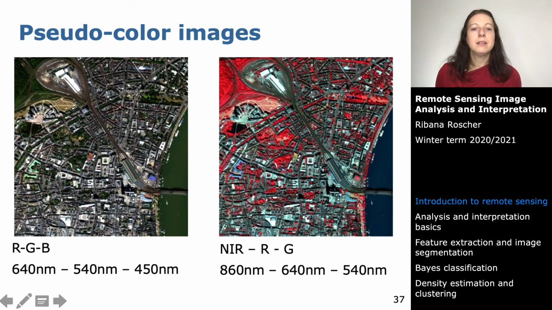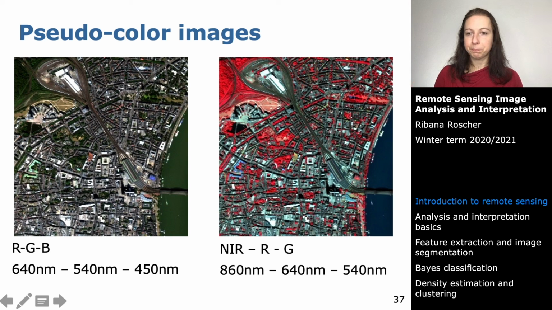Using all these multispectral and hyperspectral channels, you can create pseudo-color images. On the left is an image which we are used to. You have an RGB image, where red is 640 nanometers, green is 450 nanometers, and blue is 450 nanometers.